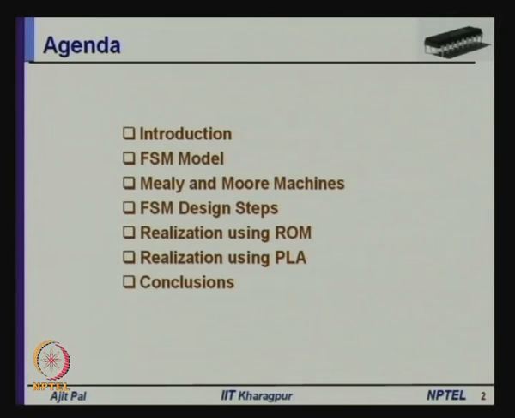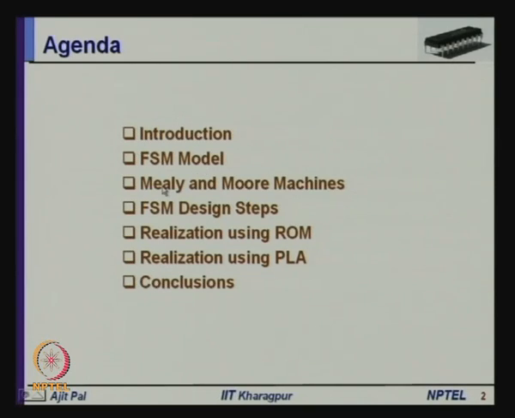Here is the outline of today's talk. I shall give a brief introduction about what is finite state machine, why it is required, then discuss a finite state machine model. Particularly this is important in the context of implementation.